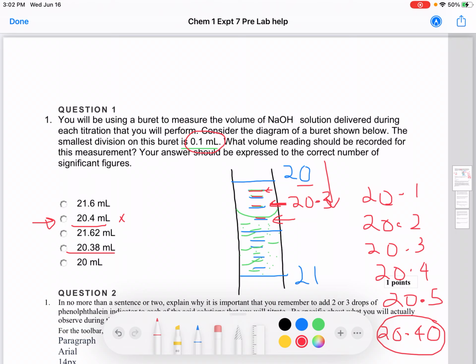This mark is going to be 20.5. You always read from top to bottom, meaning how much liquid is inside the Buret. That's going to be your volume. So this would be 20.38.